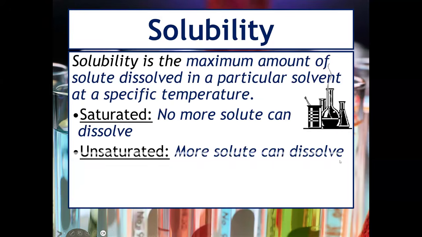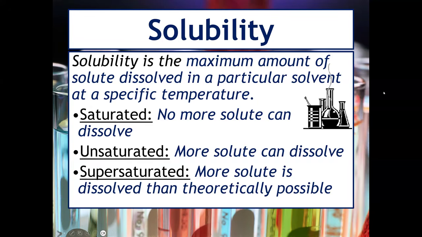Now, solubility is one of the key features of solutions. Solubility refers to the maximum amount of solute that can be dissolved in a particular solvent at a specific temperature. Now, in everyday life, we see this a lot. For example, you're making iced tea and you put sugar in it. Once you put too much sugar in your iced tea, it stops dissolving. The sugar stays solid.